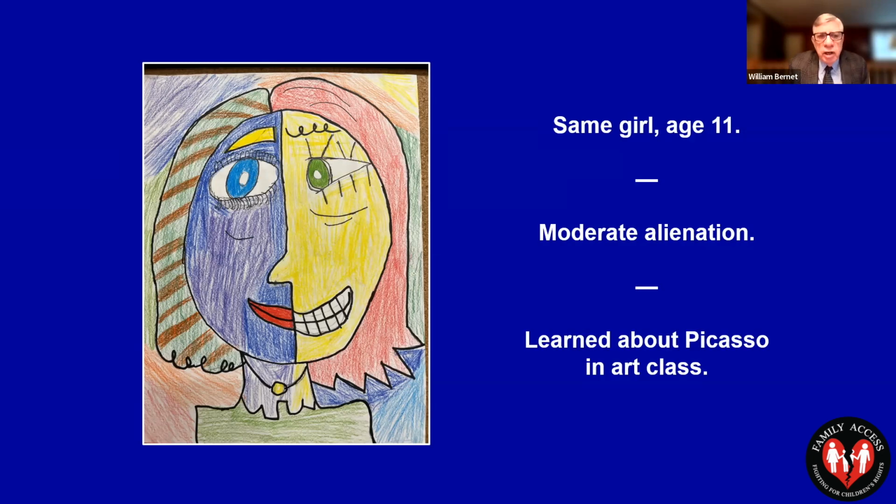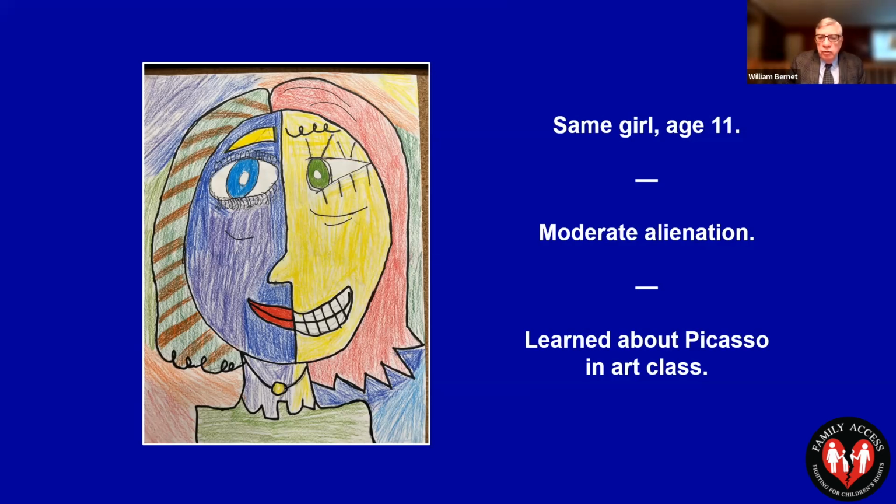That's the history that I have from the parent who provided this to me. And so I'm just saying, here's a picture that's interesting by a child who apparently has moderate parental alienation. It's a very well done picture, but it appears to be conveying sort of a split mind, which is consistent with being caught and divided between two parents.